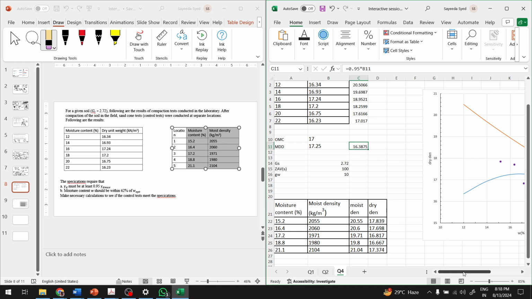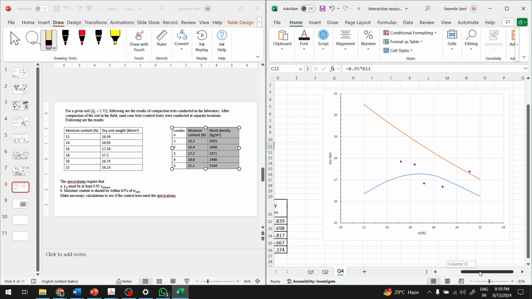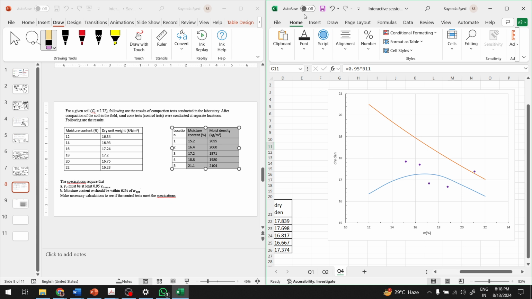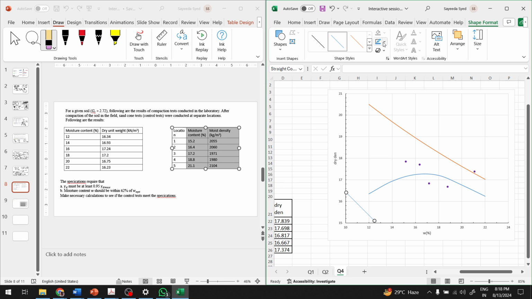So if I take a line at 16.38, which is almost 16.4, I will insert a line at 16.4. So technically, no density should be below this.